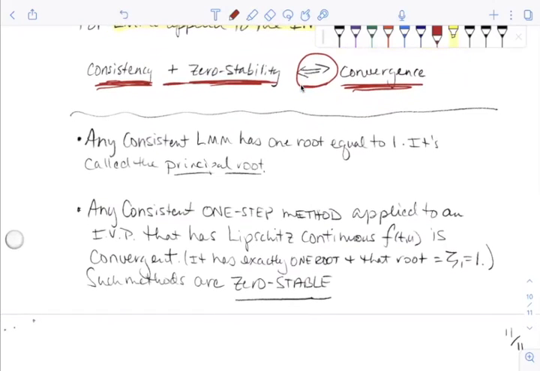A few other things. We call a linear multi-step method's one root equal to 1 its principal root. It's the one that's the largest in magnitude, of course.